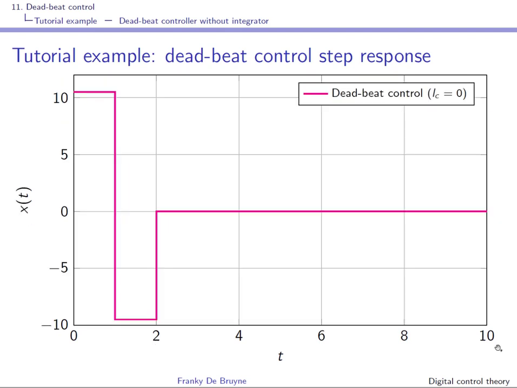This is the associated control energy at the sampling instance, and you can see that it is rather nervous. It goes to a high value and then to an almost corresponding value, but negative. So this is sometimes called bang-bang control.